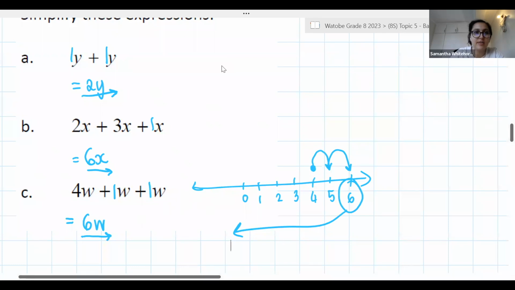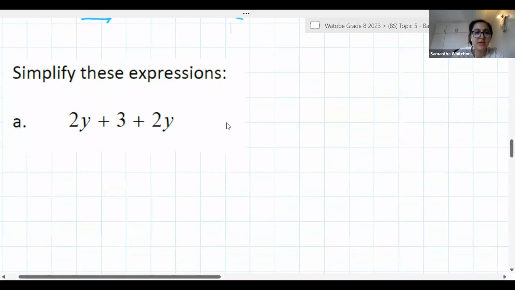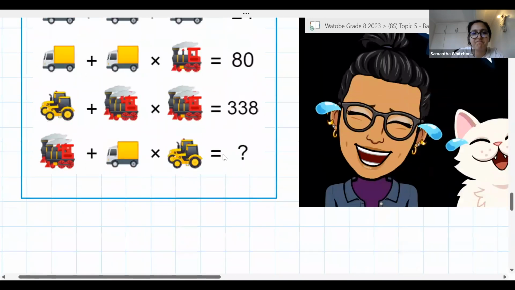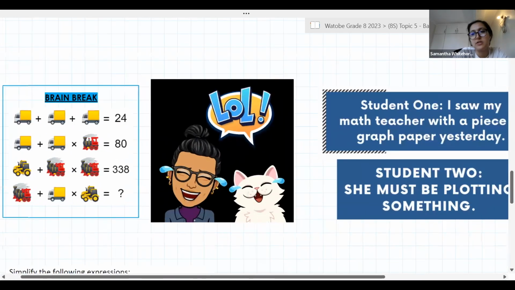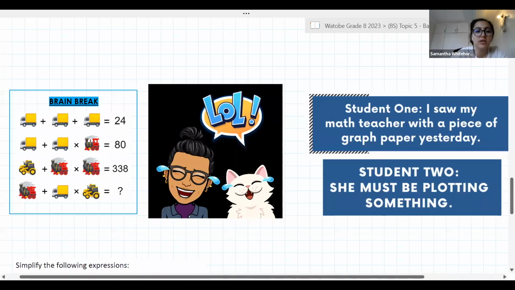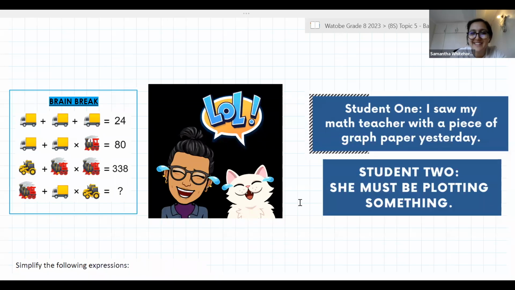Alrighty. Remember, mute yourselves, guys. Okay, before we take a brain break, let's take a brain break. I just mostly want you to see my joke because I quite enjoyed this joke. I hope they get it. Alrighty, guys. So there's your brain break.